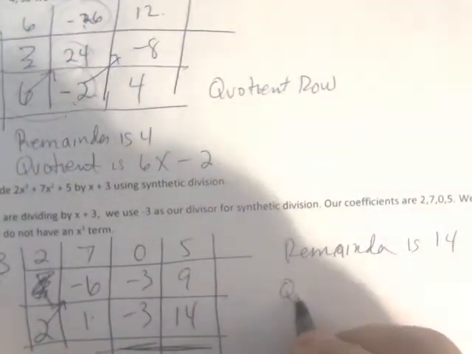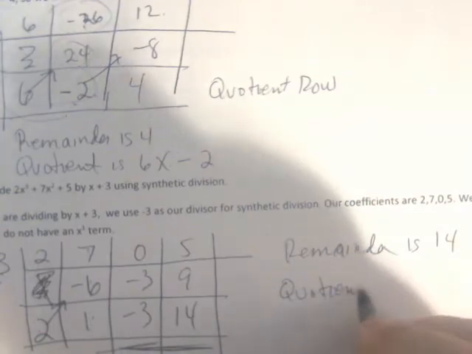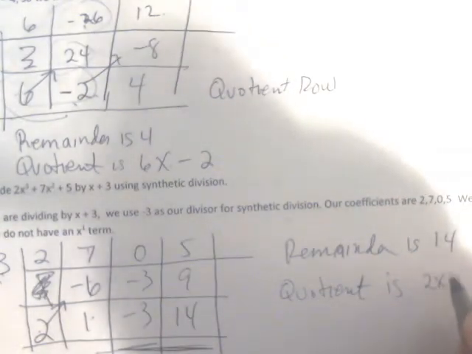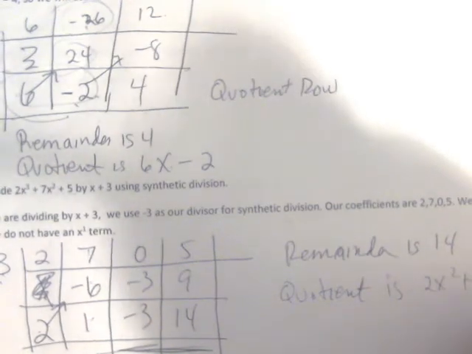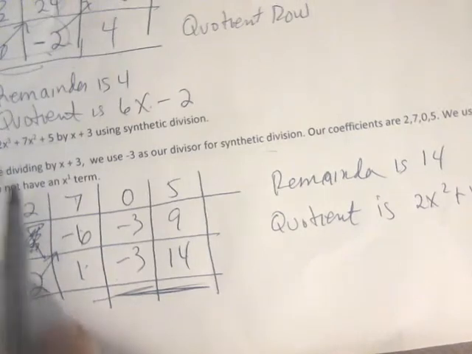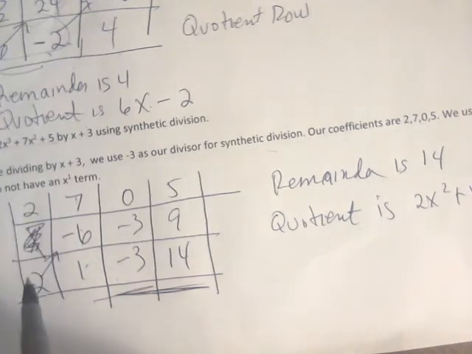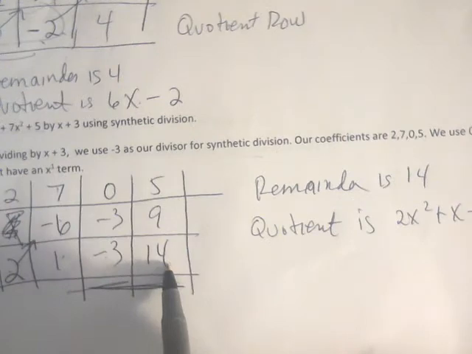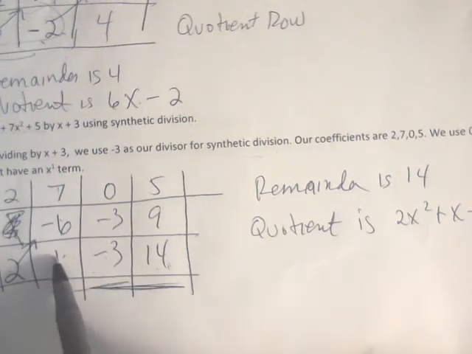My quotient is 2x squared plus 1x minus 3. And again, how did I get that? We started with a cube, so our quotient is one power less: 2x squared plus x minus 3. Or we work back from our remainder: constant term, coefficient of x squared.